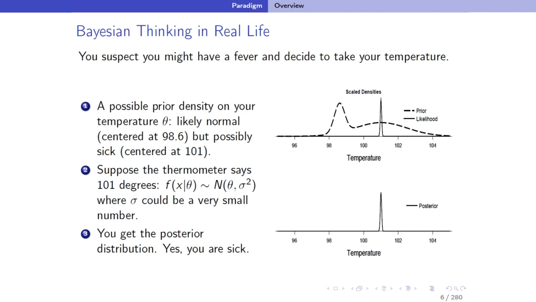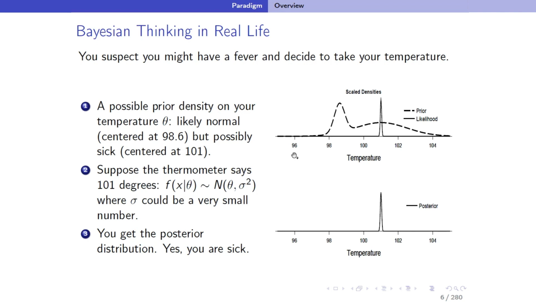You think, well, in a normal situation, if you are mostly healthy, then it's centered around 98.6 degrees, and possibly if you are sick, it has a range, say between 100 and 104 degrees, and this is captured by this dashed distribution.